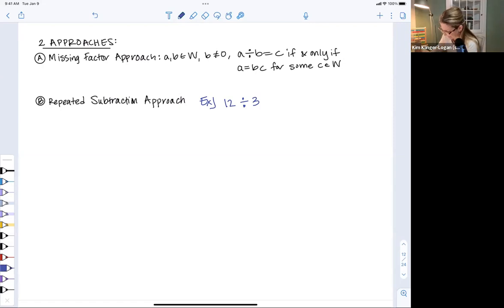And in this case, this piece is called our dividend. This piece is called our divisor. And C is called our quotient, or in this case, our missing factor.